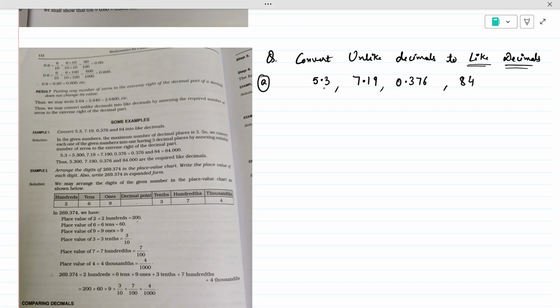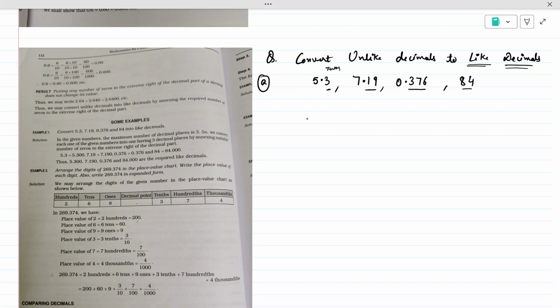If you see here, kids, here we have only the 10th place, that is one digit. Here we have two digits, here we have three digits, and here we have no digits.